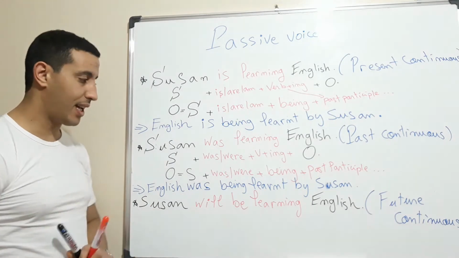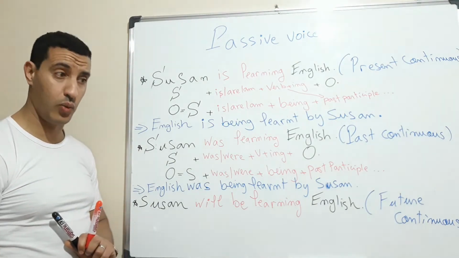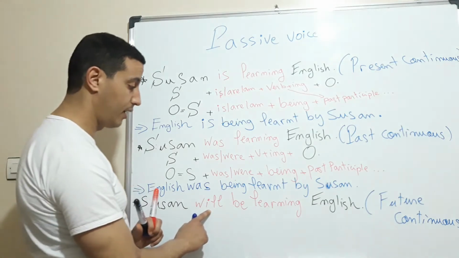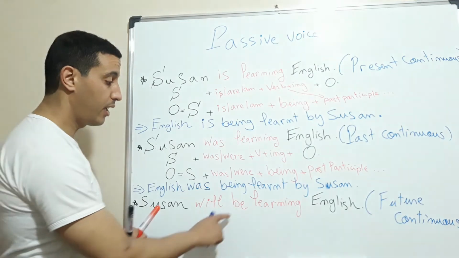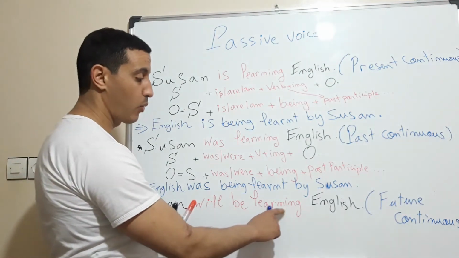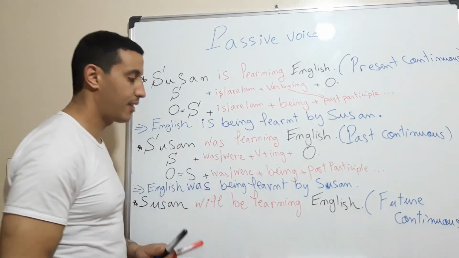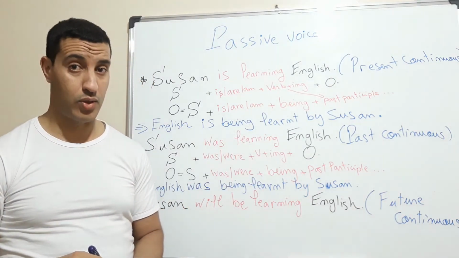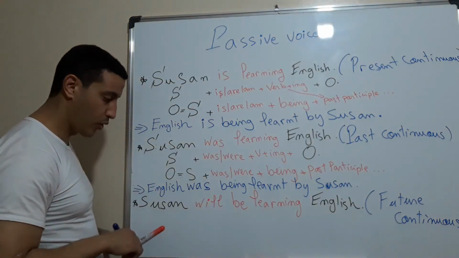Now let's move to the last example. Here we have future continuous, because we have will, and will is the modal indicator of the future. And then we have be, and then we have learning. So when I have ing, this means that the sentence is in the continuous or progressive. So now let's first extract the rule.